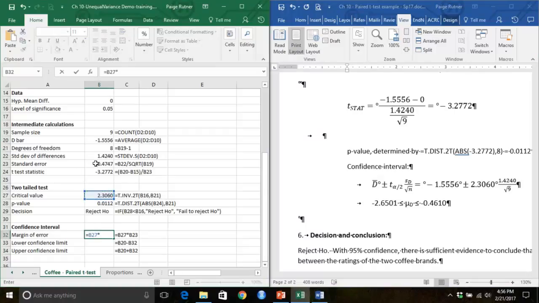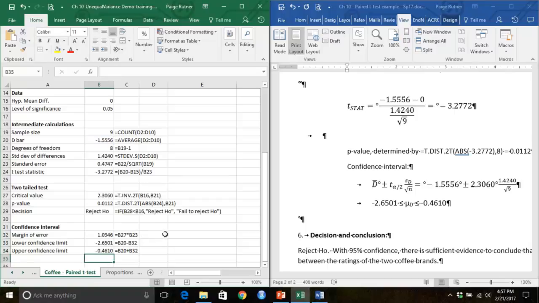We've already computed the standard error of the distribution, so we can multiply those two together to get our margin of error. And then we will take d-bar, subtract the margin of error to get the lower confidence limit, and we'll take d-bar and add the margin of error to get the upper confidence limit.